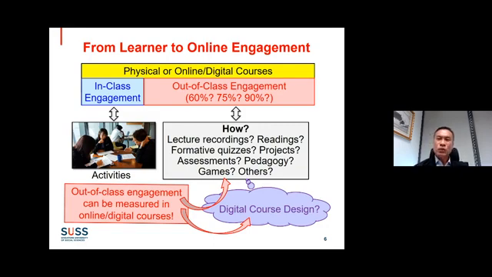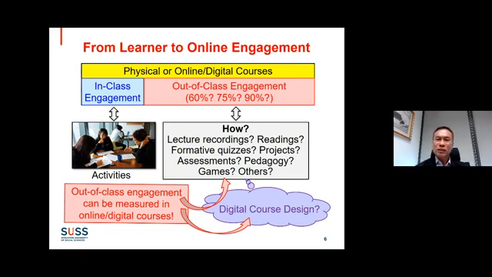Nowadays, we have learning management systems. When we put things online, and when students access what we put online, they leave a trail, they leave data. And because out-of-class engagement generates a lot of this data, we can actually measure and observe engagement out of class for digital courses.